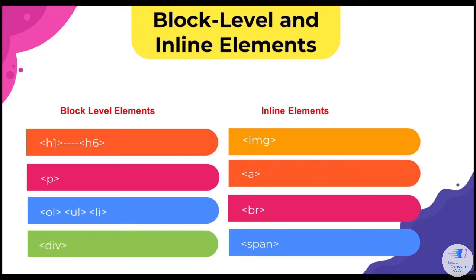So the main difference between block level and inline elements is that the block elements cover the entire line in which they're used, while the inline elements only cover as much space as their content. All right? So I want to give you a couple of examples in the application so that we can understand this a bit more clearly.